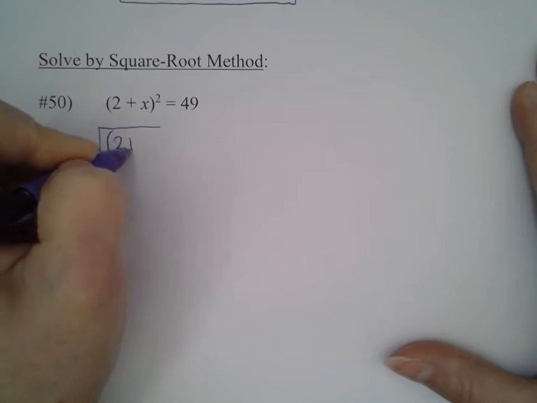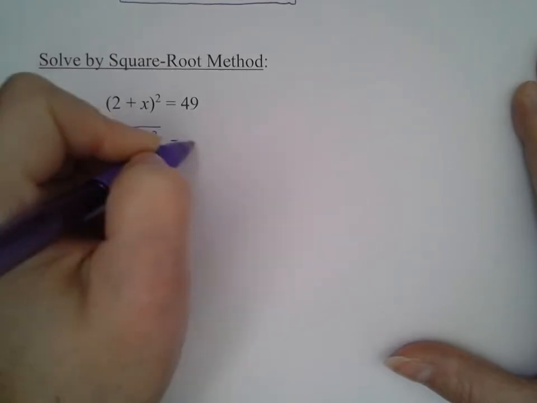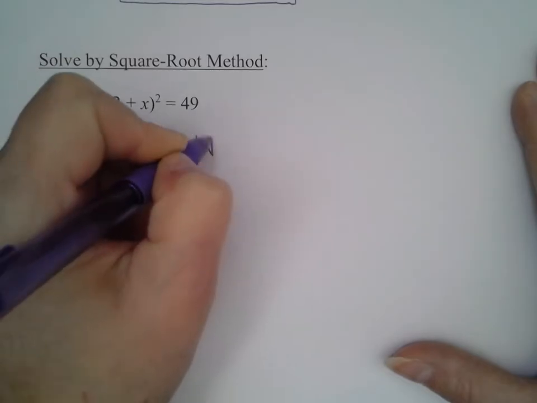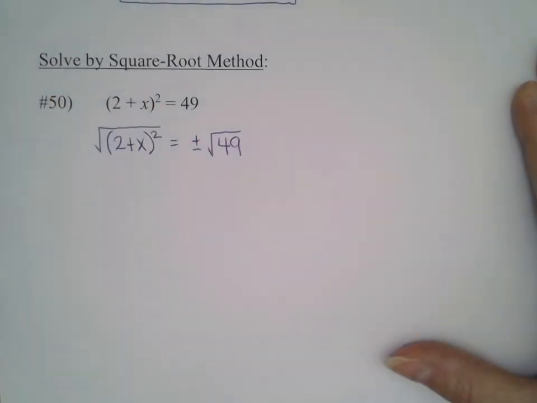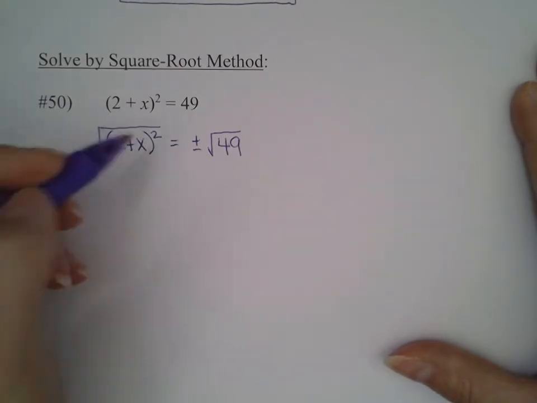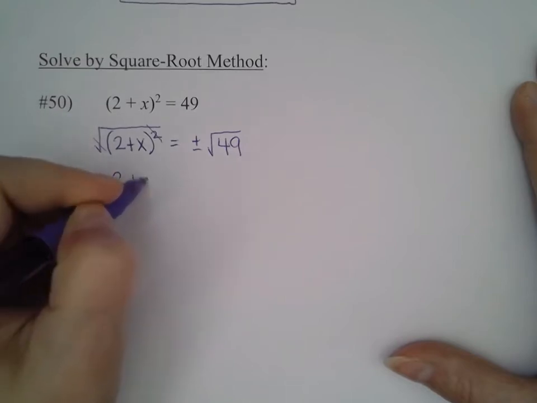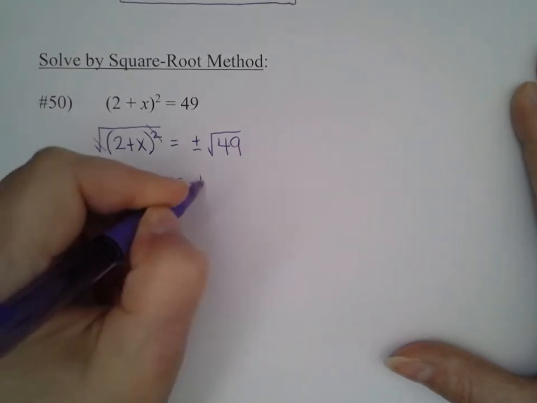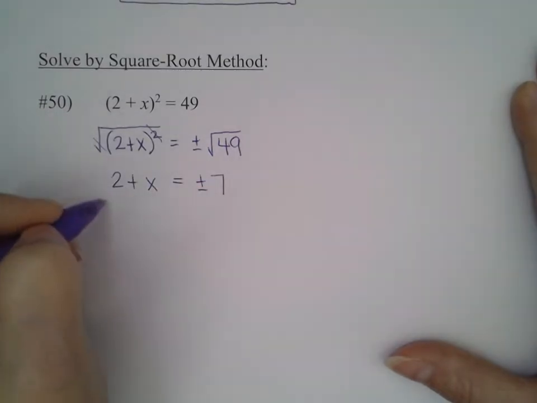Anytime you take the square root that is not already part of the problem, you want to include a plus or minus so that you get both possible answers. The square and the square root are opposite operations. Those are going to cancel each other out. And then we want to get x by itself.